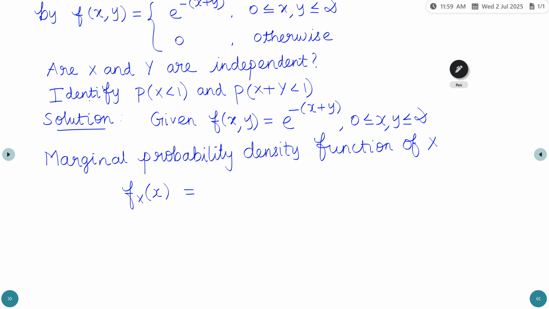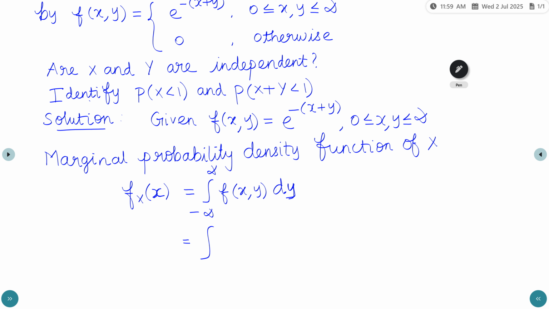The formula is the integral from minus infinity to infinity of f of x comma y dy. f x of x means integrating with respect to y. So we need to substitute the function f of x comma y.